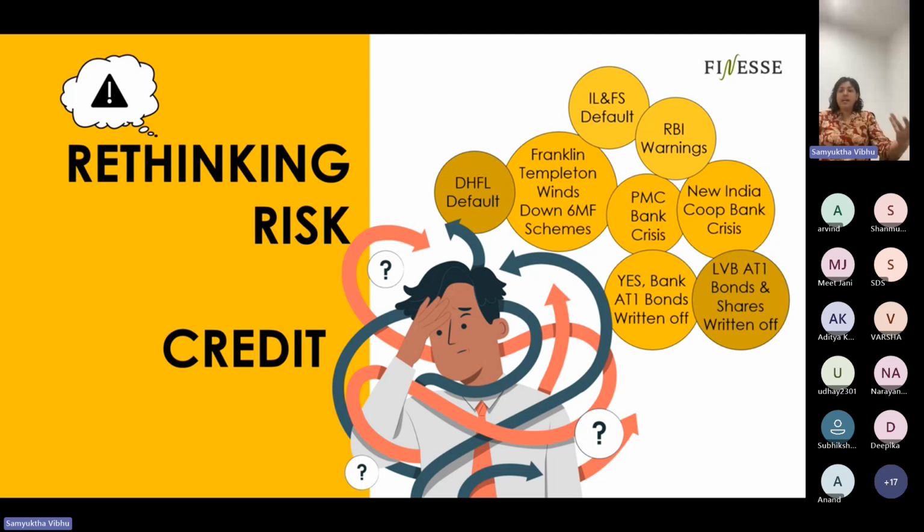What happened was that you had a liquidity and asset liability mismatch within the portfolio, and investors have got their money, but it was over a longer term than they expected and in a different manner than they expected. So we really need to rethink credit risk, because credit risk is not just that you don't get your money back. It is that you also get your money back over a longer period of time than you plan to invest over.